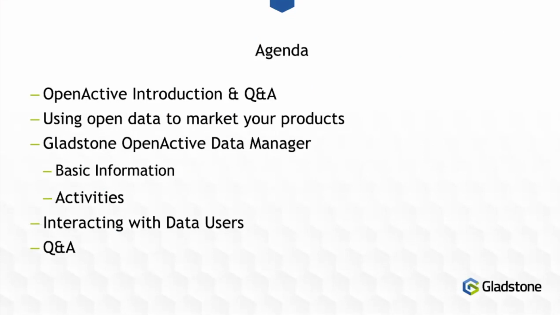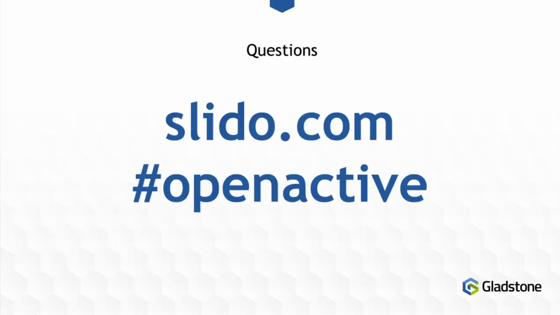Okay, so moving through. We're going to be using Slido for people to ask questions throughout this webinar. If anyone has any questions as we go on, there's quite a lot of people on the call. To be able to manage the questions, if everyone could open up a new window and put in slido.com, which is up on the screen, and it will have an entry code to put in, which will be Open Active.